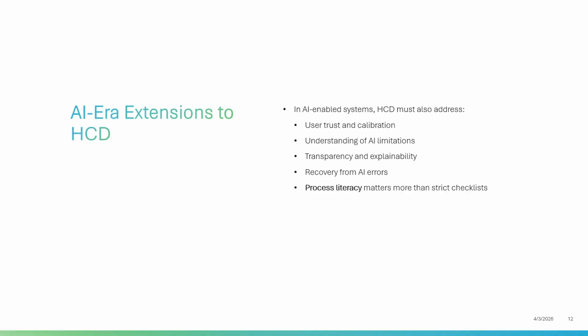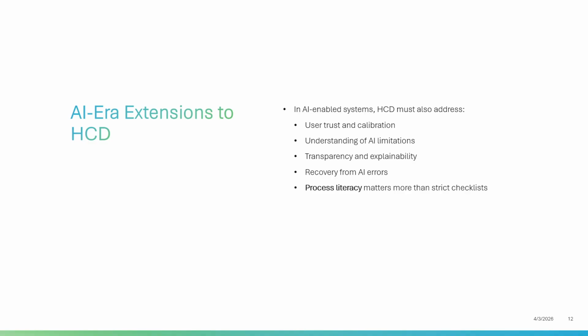We need to be able to address user trust and calibrate the systems. We need to understand the limitations of the artificial intelligence tools that we are using. We definitely need to have transparency and explainability of the algorithms and the outputs that we are getting out of the systems.